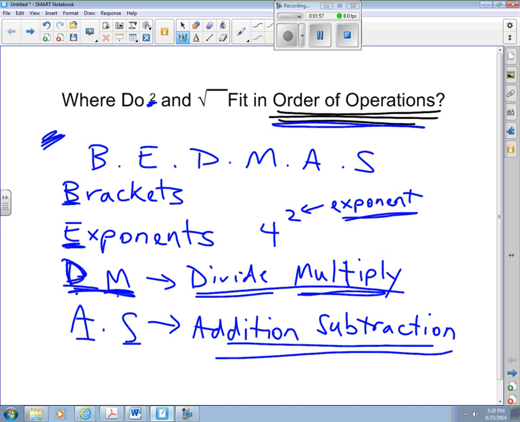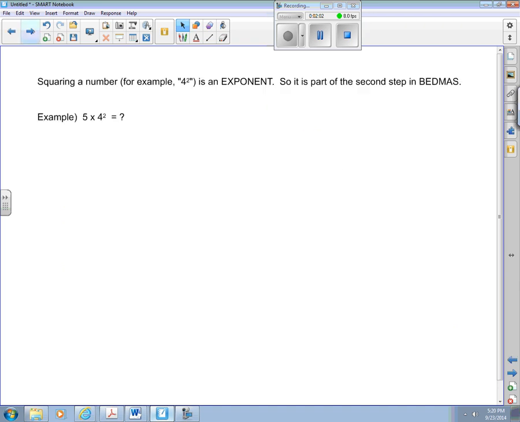It is an exponent. And just to give you your first example, here's where you should start writing now. The first example, I've made that kind of small on this screen, is 5 times 4 squared. So you already have that written down, but beside it or underneath it, you now realize that according to BEDMAS, the order would be do the exponent first and the multiply second.